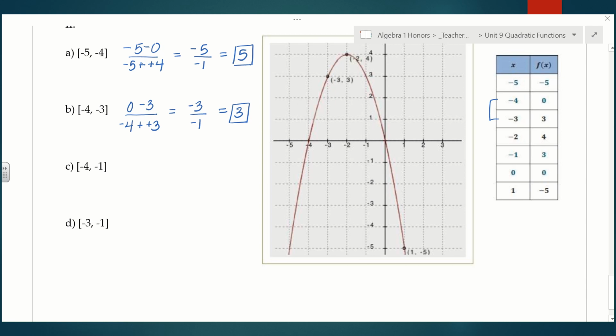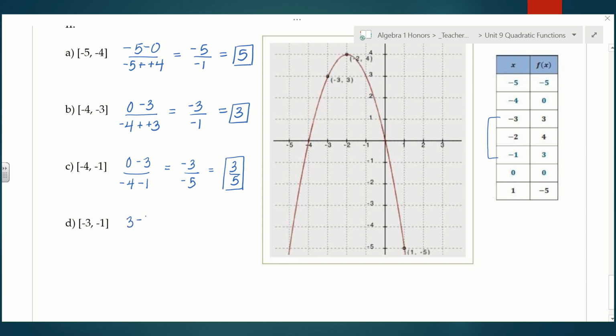Then we have another interval, negative 4 to negative 1, so those 2 points, 0 minus 3, over negative 4 minus 1, which gives me an average rate of change of 3/5. We have one more, negative 3 to negative 1.